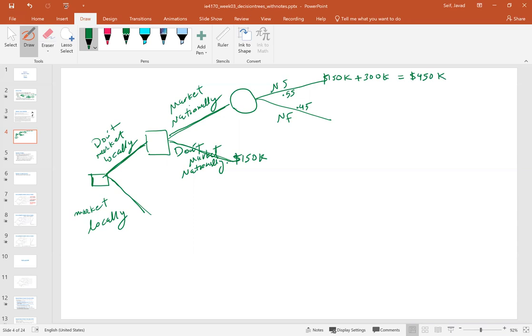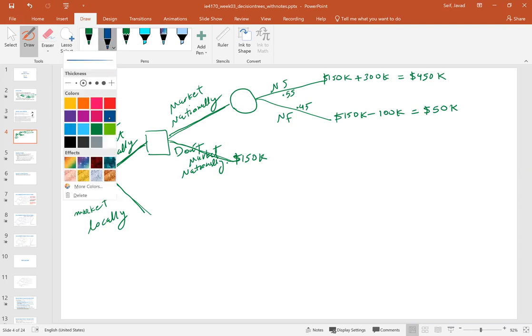Here, I marketed it nationally, but it wasn't successful. It was a national failure. So from the 150K that I had, I lost 100K. So now I'm left with only 50K.